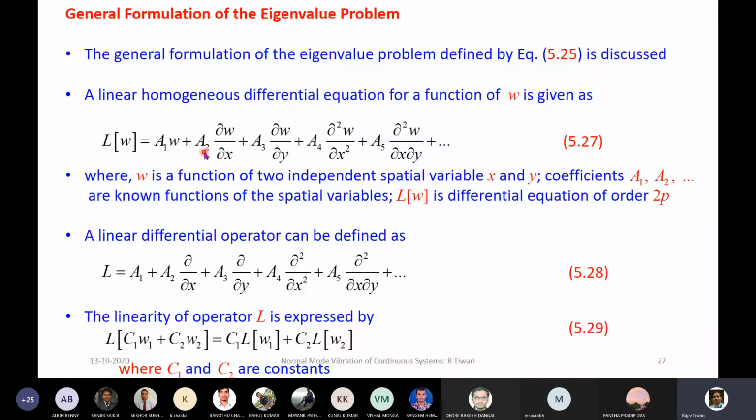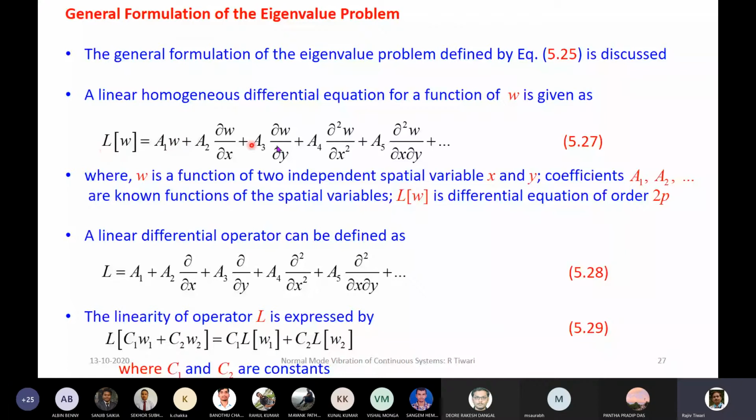And correspondingly here, because only the derivative with respect to x and y is there, this is specifically for the two-dimensional problem. So these various differentials are there. We can even go for higher order differentiations. But here we are representing the whole right hand part as the L operator within brackets W. Because W is common in this homogeneous equation, and this L operator is a linear differential operator.